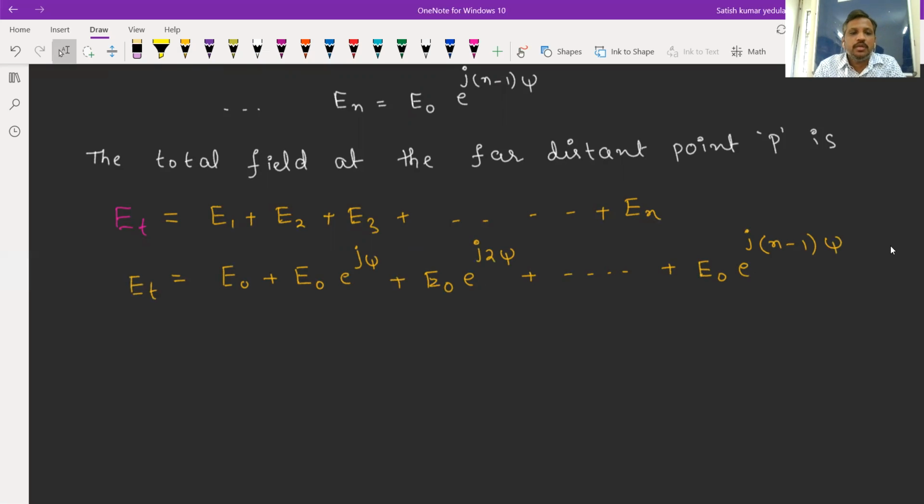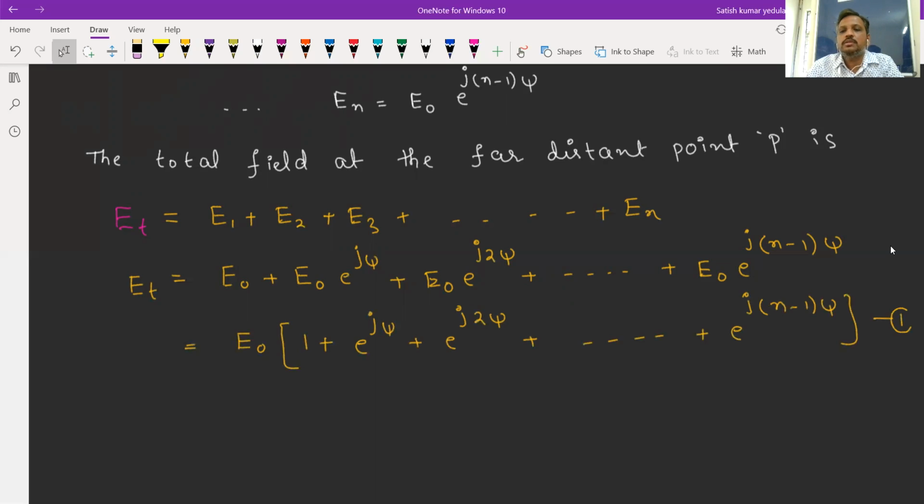Let us take that as common and represent that equation as the first equation. So it is 1 plus e power j psi plus e power j2 psi plus so on e power j (n minus 1) psi. Call this equation number 1.